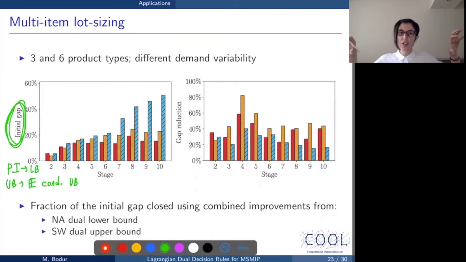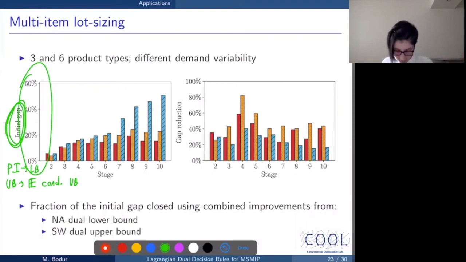So whatever we commonly use in practice, we take those policies and lower bounding techniques, solve our models with these, and look at the gap between the two. And here you can see that we have up to 60% or 50% gaps between these two numbers to start off. And here the bars correspond to different demand variability.